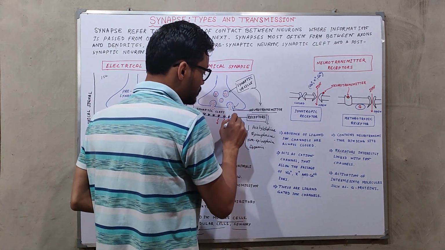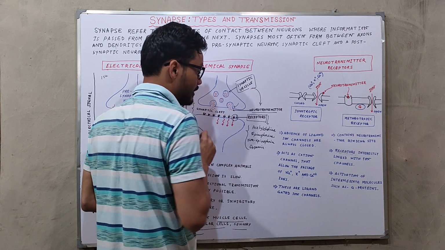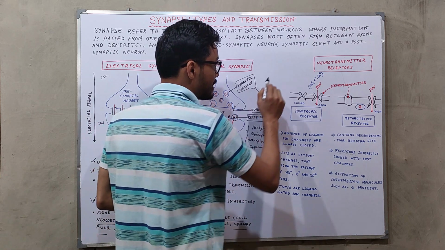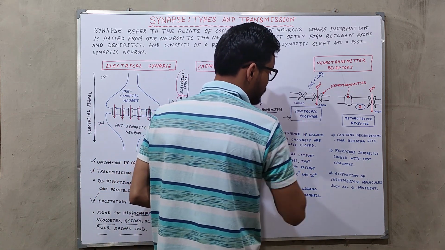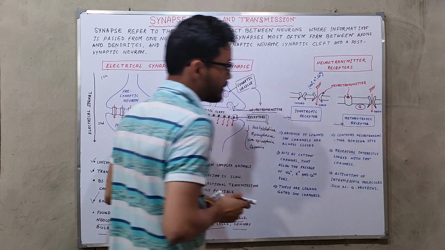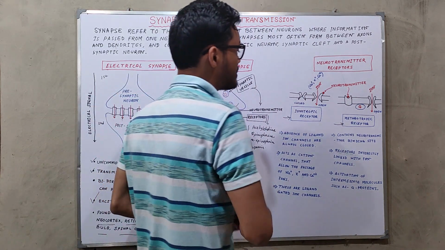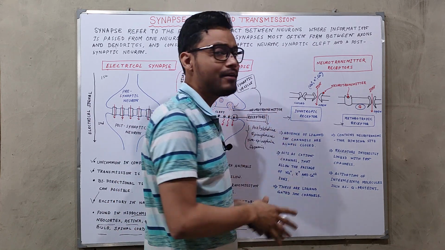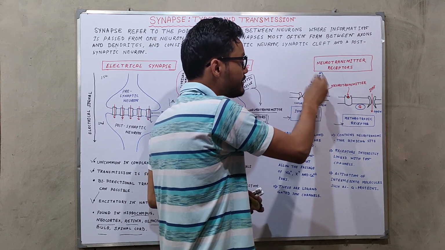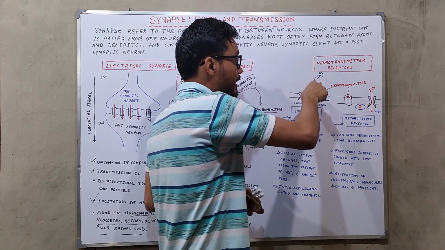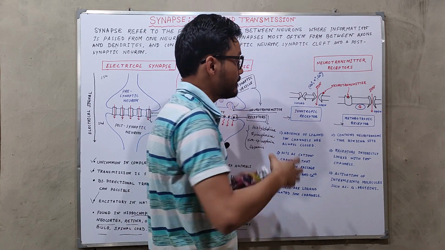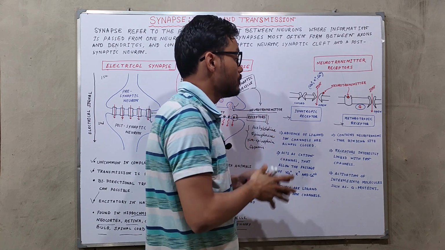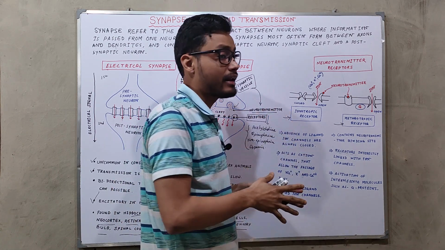Now if we take a closer look at the receptor, we can see that these receptors are of two types. One is the ionotropic receptor and another is the metabotropic receptor. Ionotropic receptors are ligand gated receptors. Whenever the ligand or neurotransmitter binds with this ion channel, the receptor opens, and in the absence of ligand, no transmission occurs and the channels remain closed.